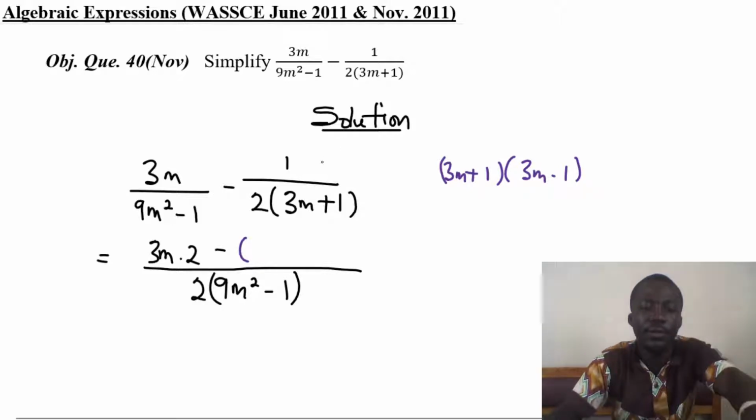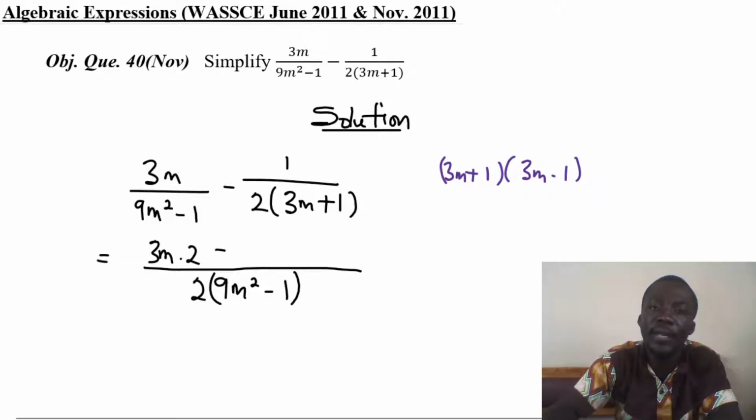So let me go for my black ink. 3m minus 1.